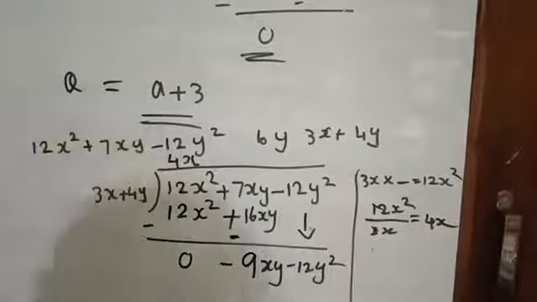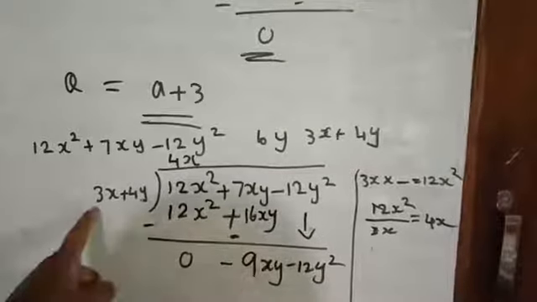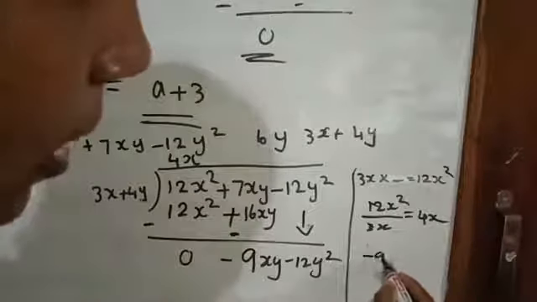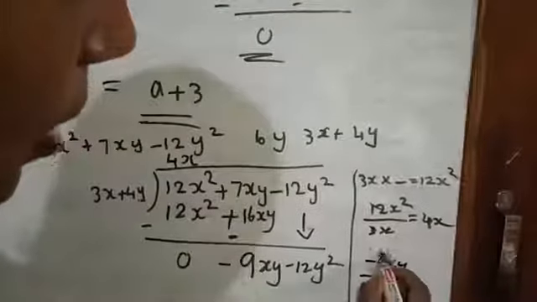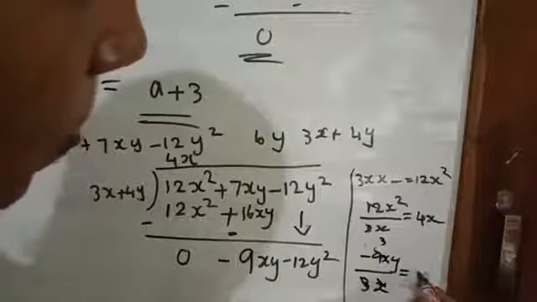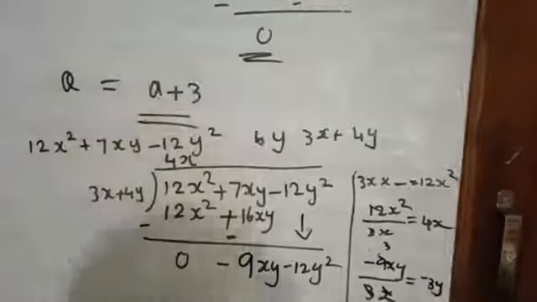Now again divide. 3x into what is minus 9xy? Or minus 9xy divided by 3x. 1 3s are 3, 3 3s are 9. x and x get cancelled. So what is the answer? Minus 3y, isn't it?